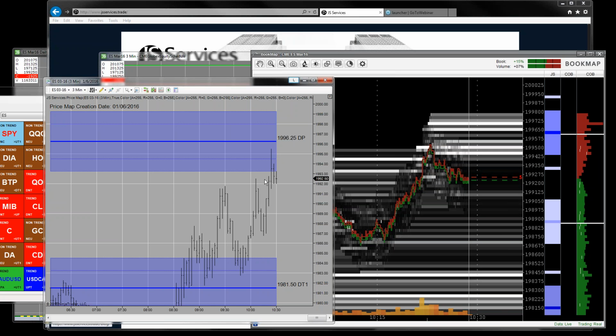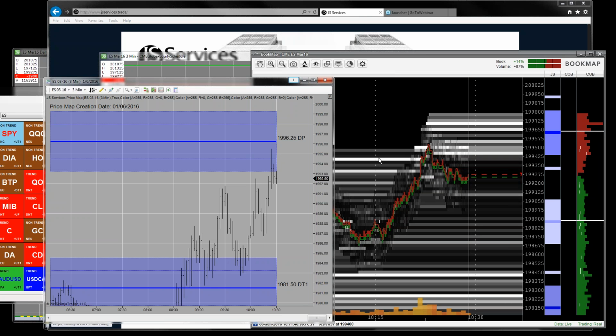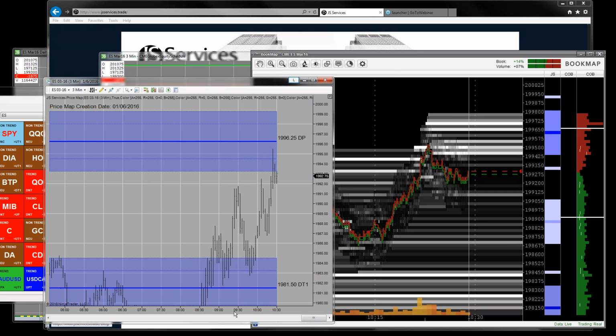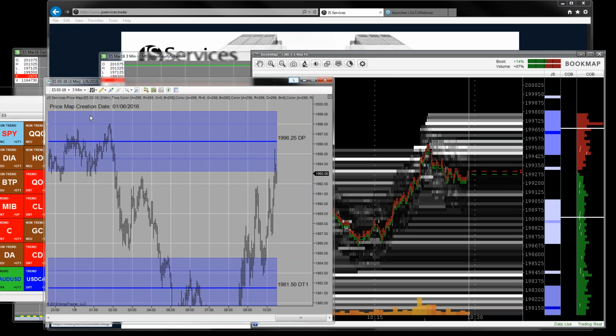I like to spread into things, and I can also use this resting paper for my stop placement. So I'm looking for the resting paper along with the market structure metrics and the price structure to give me some guidance.